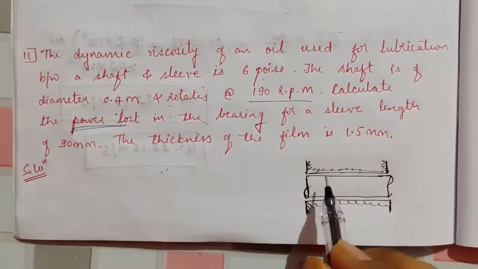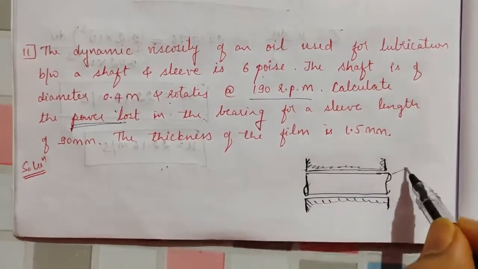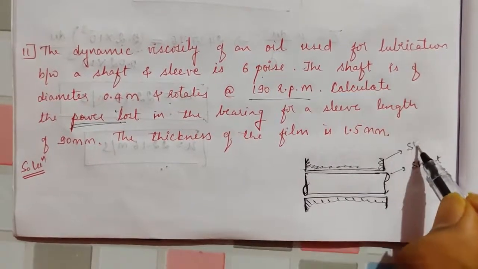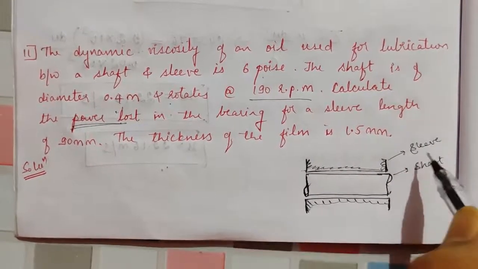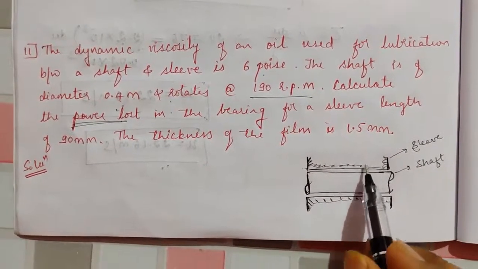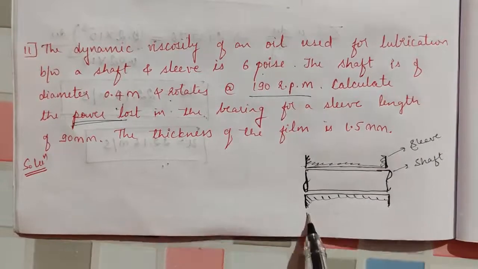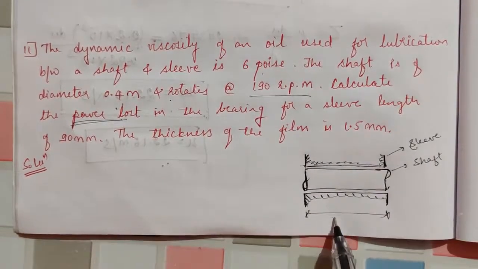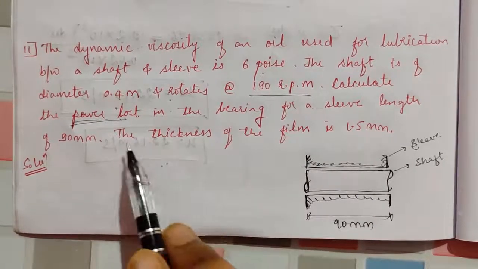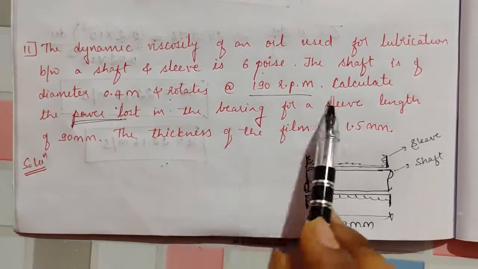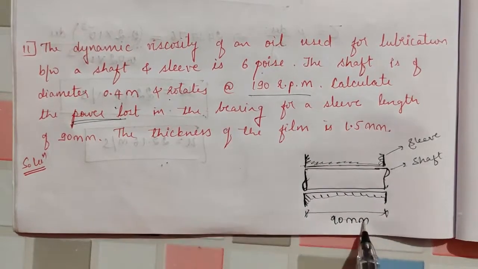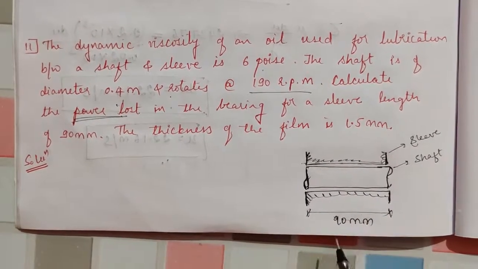So this is the shaft and this is the sleeve. It is the cut image. This is the shaft, pipe-like structure, and upon that is the sleeve. This sleeve length is 90 mm. So for a sleeve length of 90 mm we need to calculate the power lost.